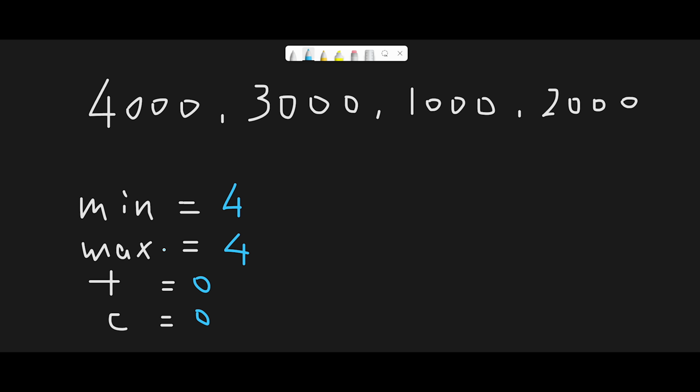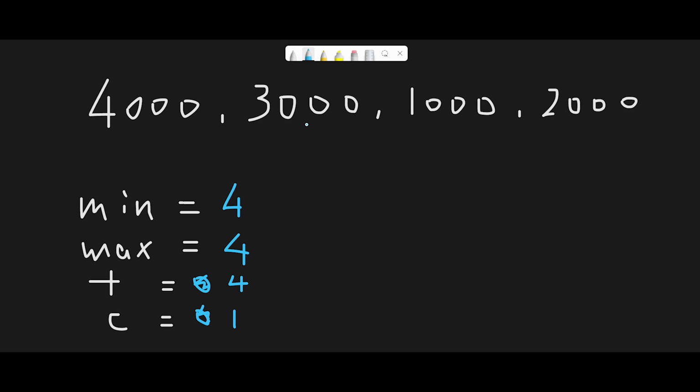They are the same, so we don't update the max number. After that, add 4,000 to total. So now total is 4,000, and count plus 1, because we add 4,000 to total. So count should be 1.